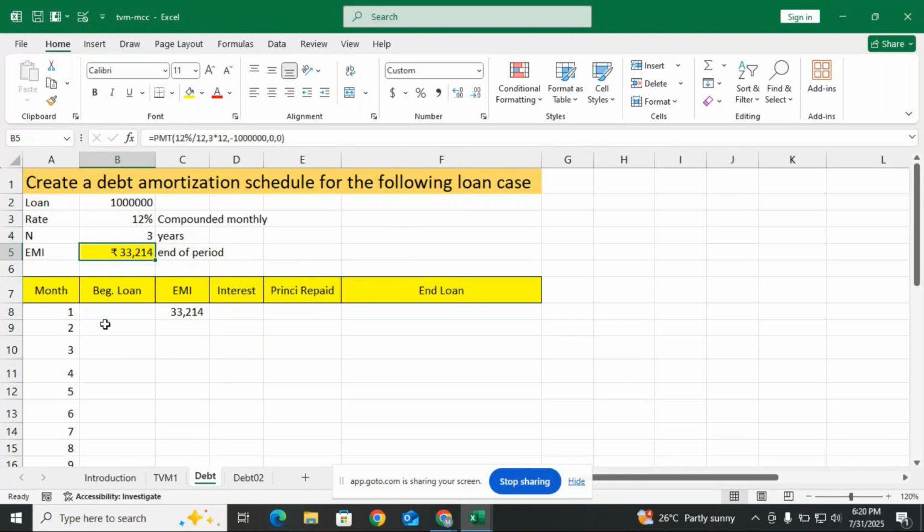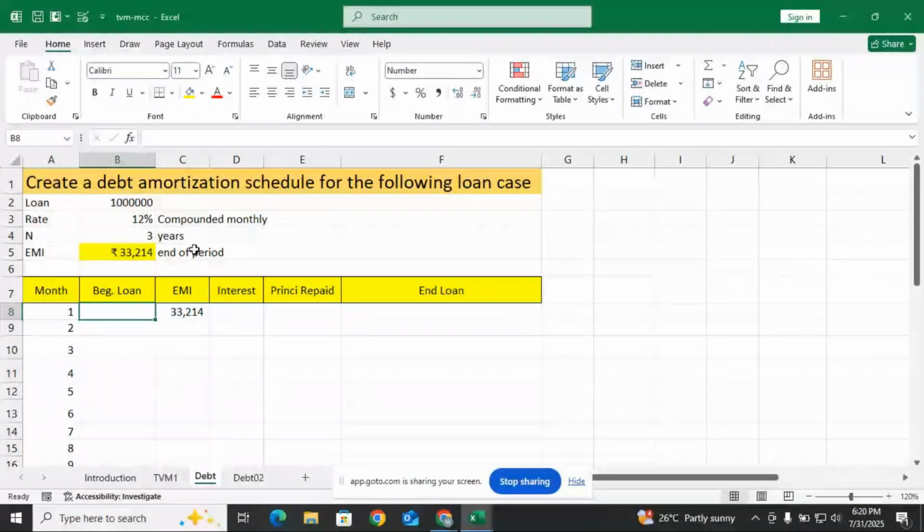Okay. So now, what is the loan amount which is being obtained here? This is the beginning loan, and this is by the end of the period. What is the remaining loan pending? So here we have obtained a loan of rupees 10 lakhs, 12% compounded monthly, and this loan is obtained for a period of 3 years.